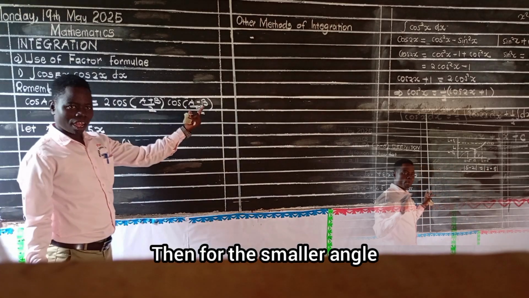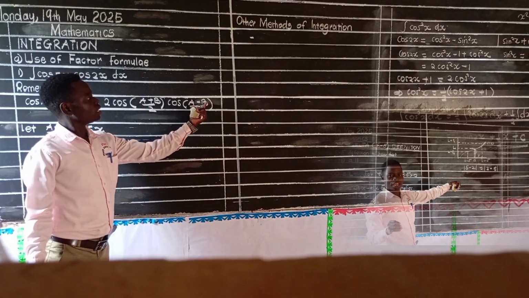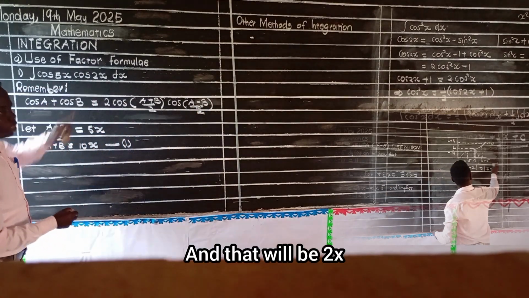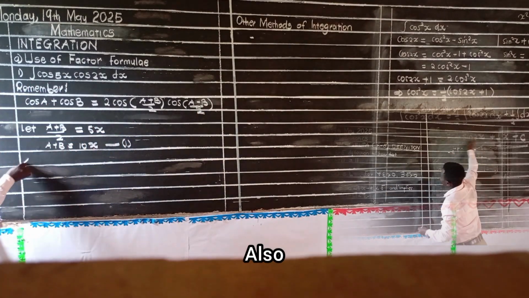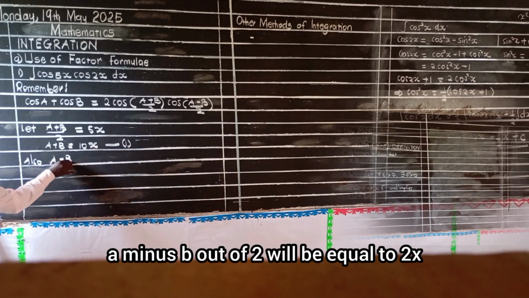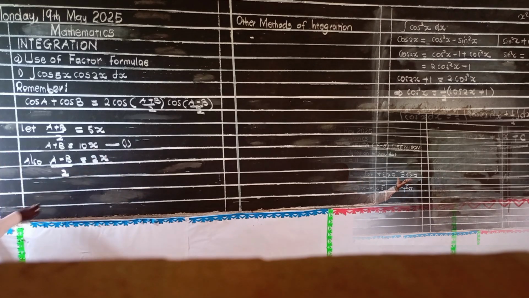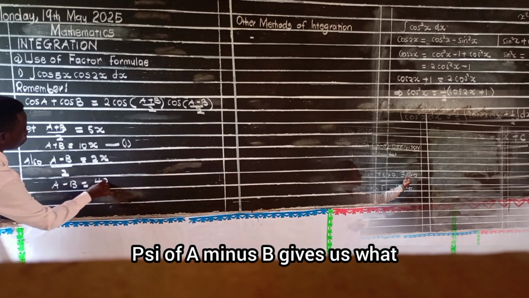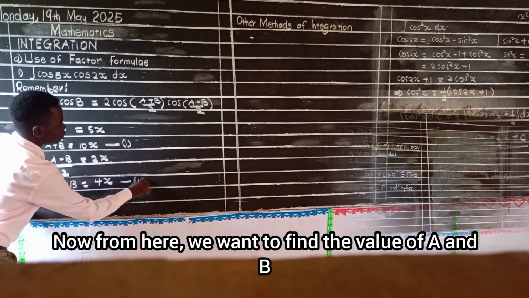Then for the smaller angle, because we're getting the difference, this gives us a smaller angle, and that will be 2x. Also, (A minus B) over 2 will be equal to 2x. So that A minus B gives us 4x. Call this equation 2.